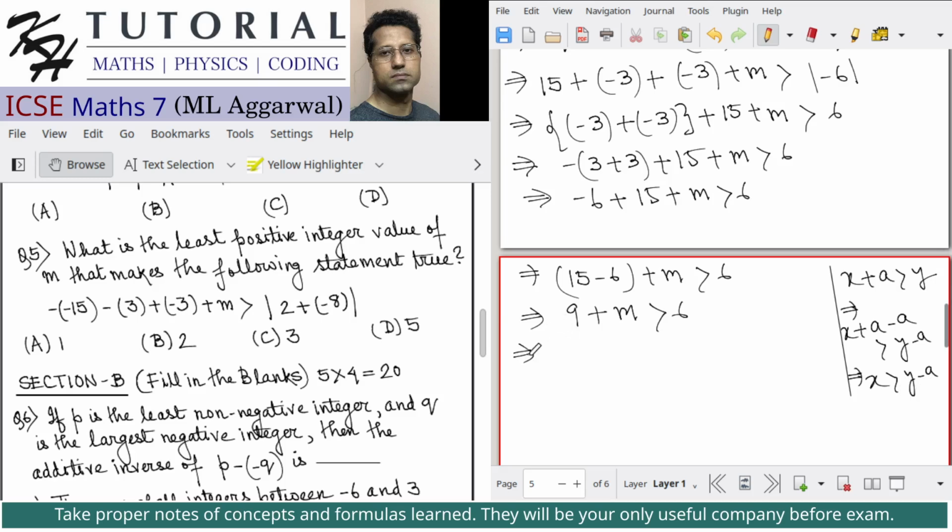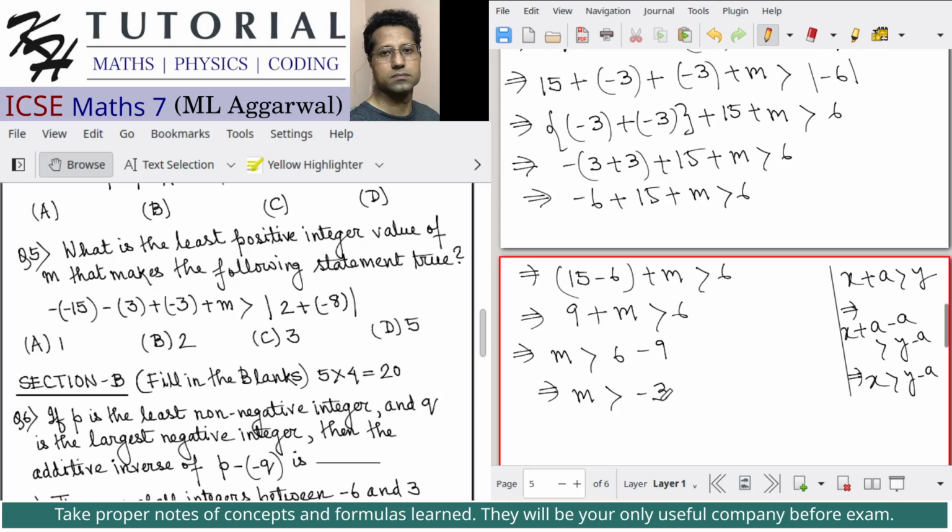So I can shift the 9 from the left hand side to the right hand side, and m will be greater than 6, but the sign of 9 will change. It will be 6 minus 9. So this implies m is greater than 6 minus 9. 6 minus 9 is minus 3.